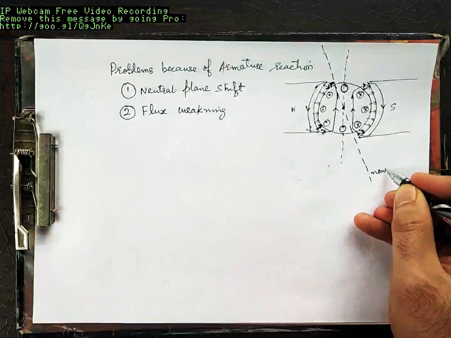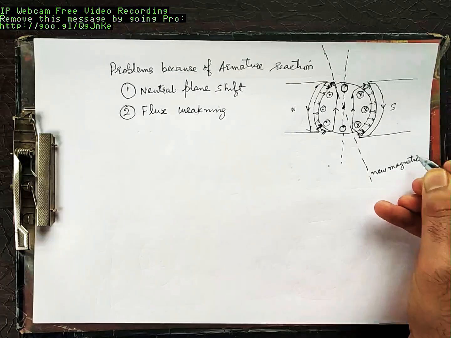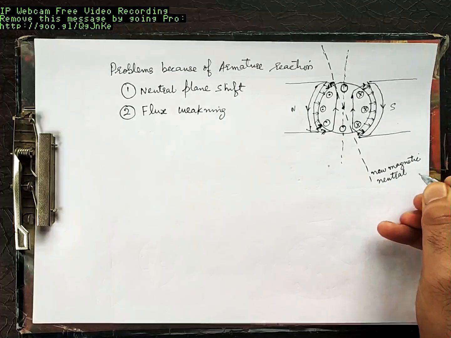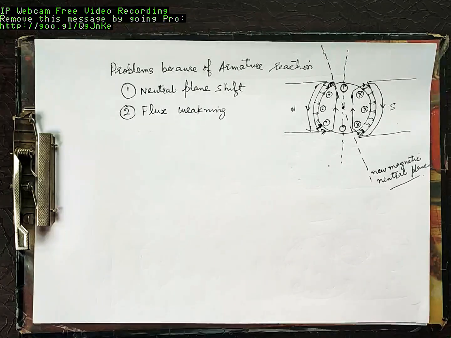This is the new magnetic neutral plane. The magnetic neutral has shifted. Now you might ask, so what is the big deal about this magnetic neutral plane? How does it concern us? Let me explain this to you.